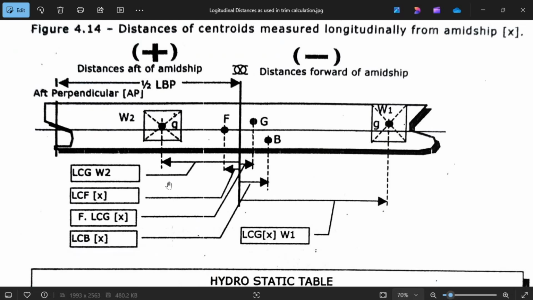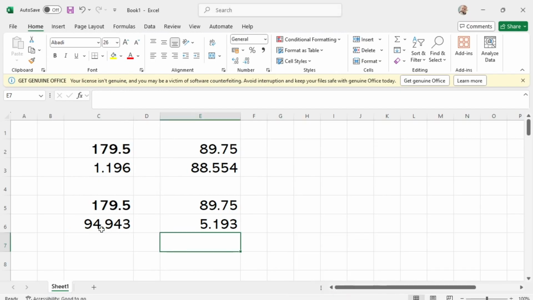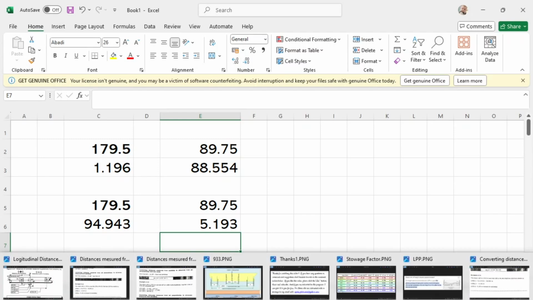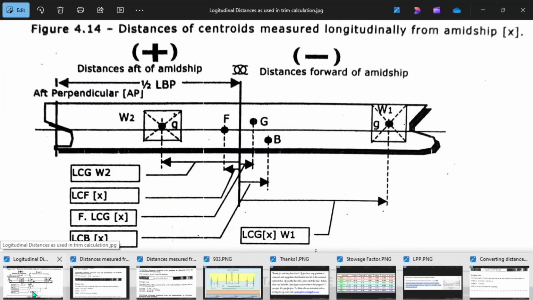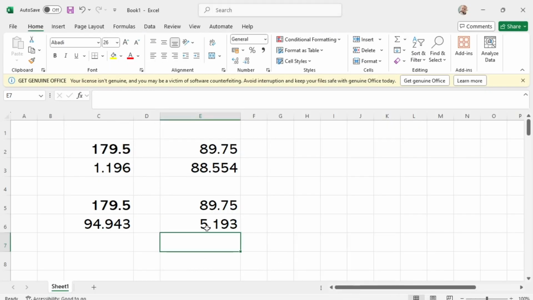Because one half of your LBP is 89.75, which is this one. So from here to your midship is only 89.75.